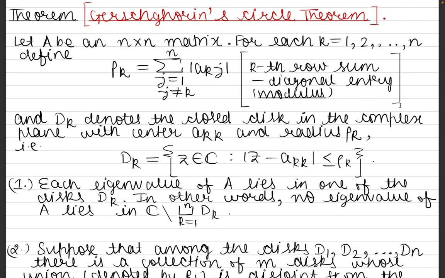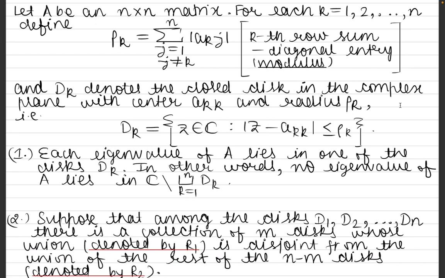And D_k denotes the closed disk in the complex plane with center a_kk and radius rho k, that is, the set of z in C such that the modulus of z minus a_kk is at most rho k.